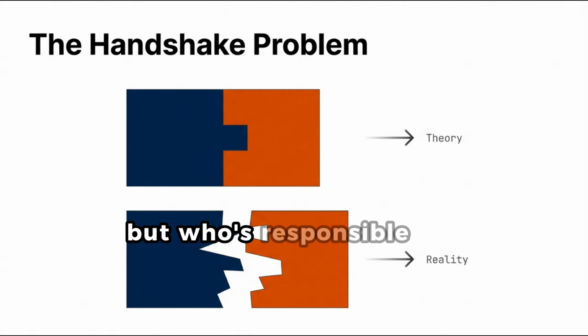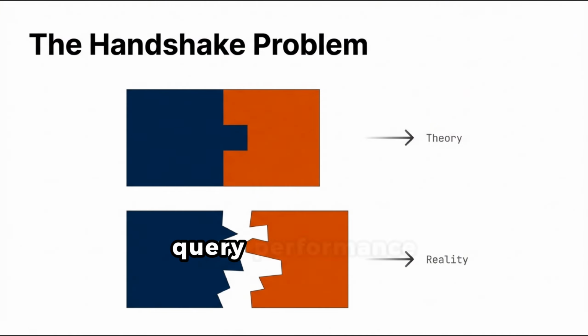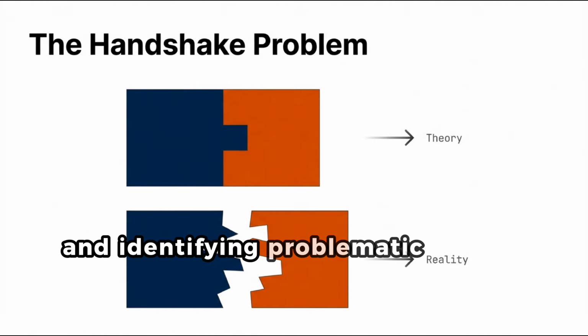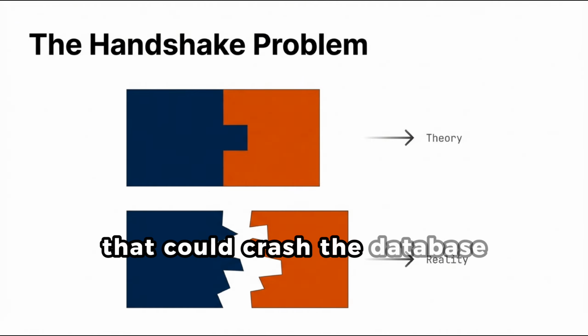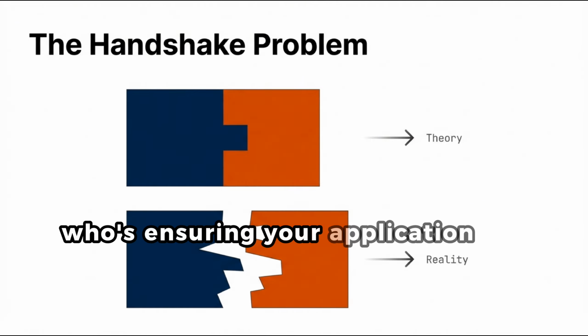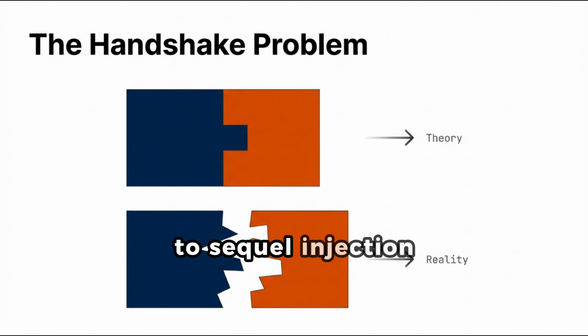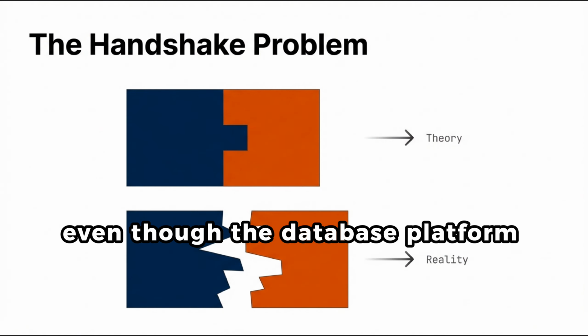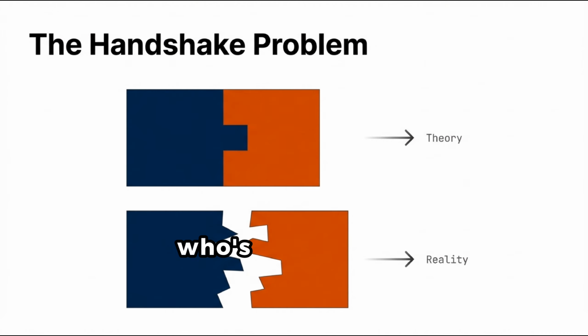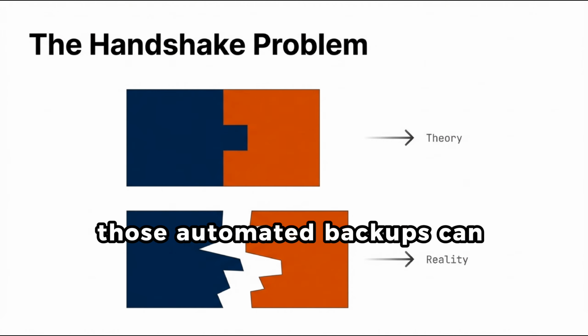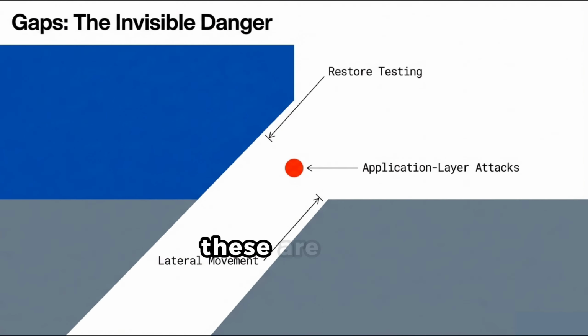Great. But who's responsible for monitoring database query performance and identifying problematic queries that could crash the database? Who's ensuring your application isn't vulnerable to SQL injection, even though the database platform itself is secure? Who's testing that those automated backups can actually be restored? These are gaps.